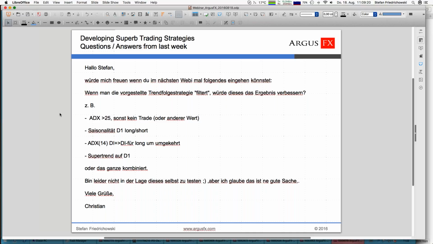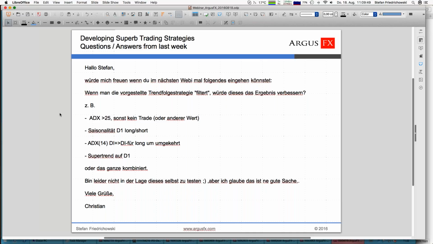What else? So that we exchange indicators, but not add an additional indicator. So that's a story all around additional filters. So in principle, answer yes, it would improve, but it's not my favorite style for developing strategies, to add filters and filters and filters.